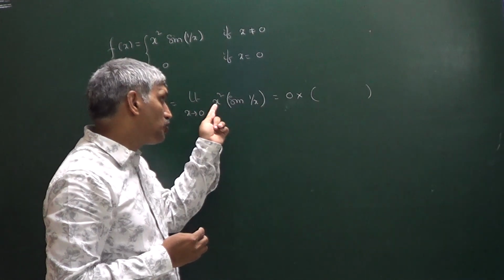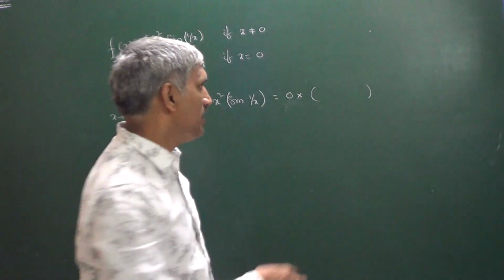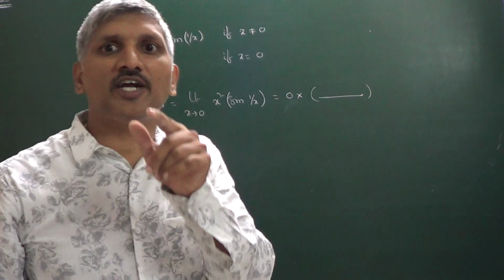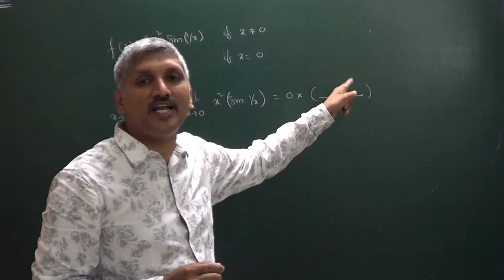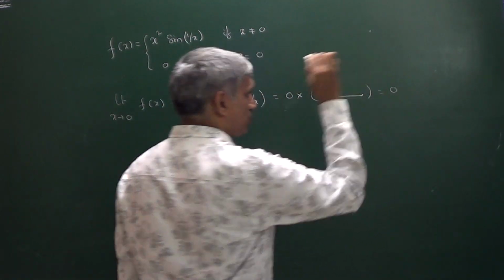So 0 into a finite value oscillates between -1 and +1. This is a finite value, that information is enough because 0 into a finite value becomes 0 only. So that's why you will get the answer as 0.